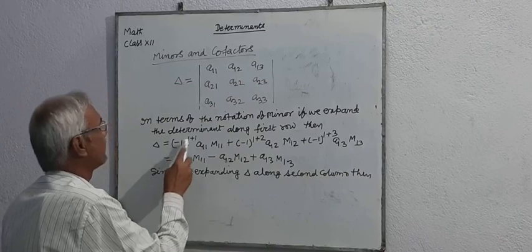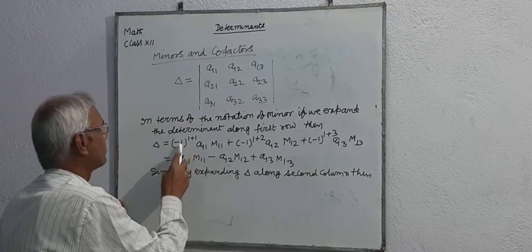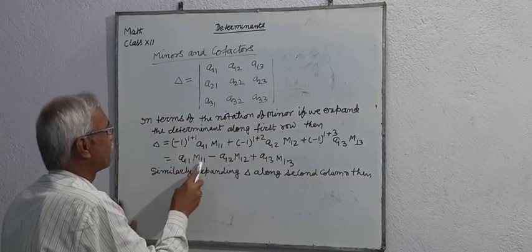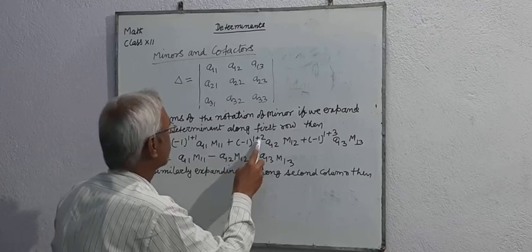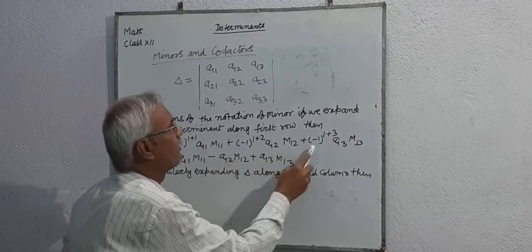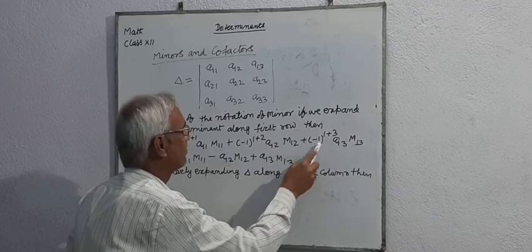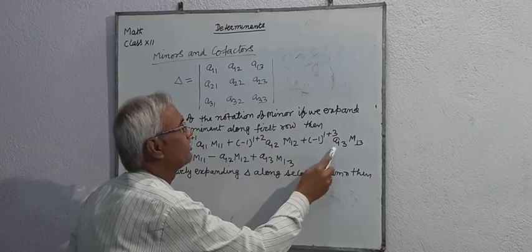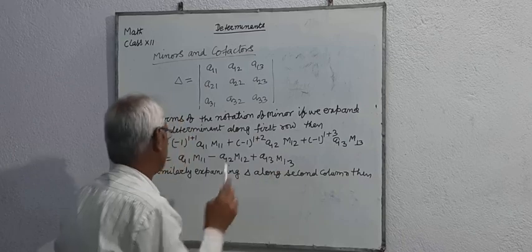On solving, minus 1 to the power 2 is plus 1, so a11 M11; minus 1 to the power 3 is negative, so minus a12 M12; minus 1 to the power 4 is positive, so plus a13 M13.